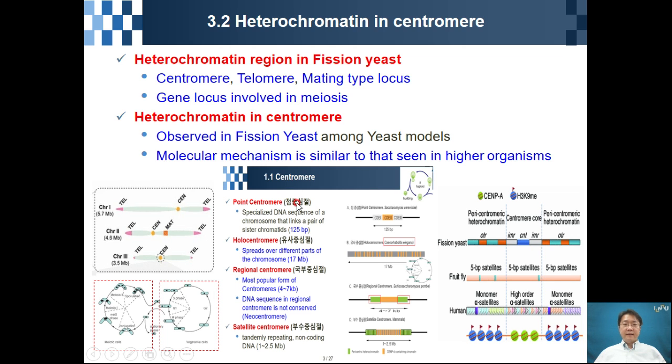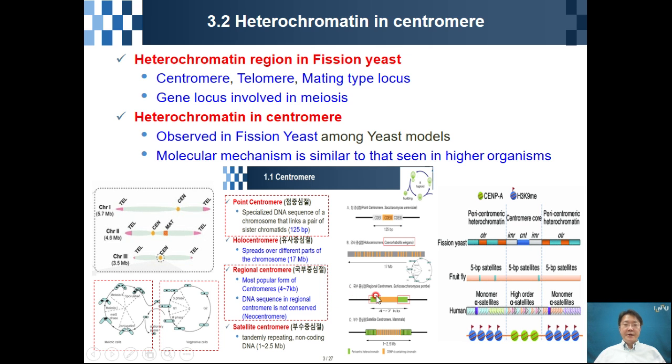Previously we learned that budding yeast have a point centromere, which is about 125 base pairs, but they don't have any heterochromatin region. However, fission yeast show a regional centromere. The regional centromere is the most popular form of centromere.